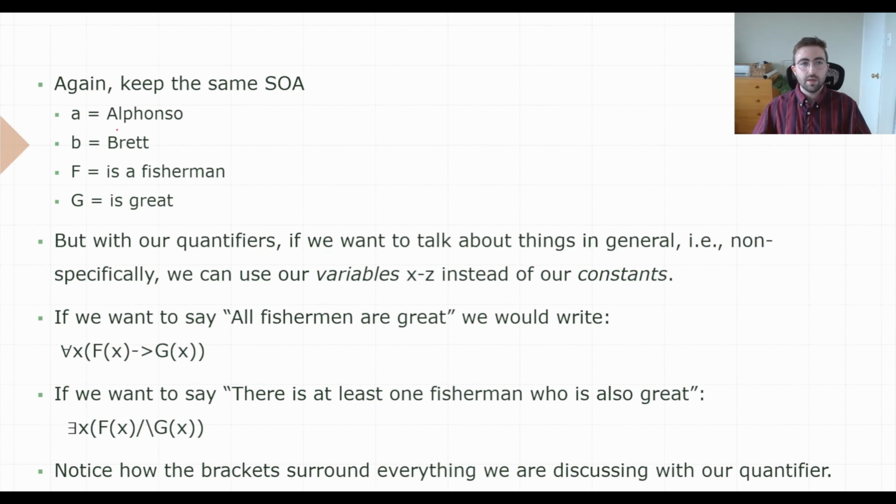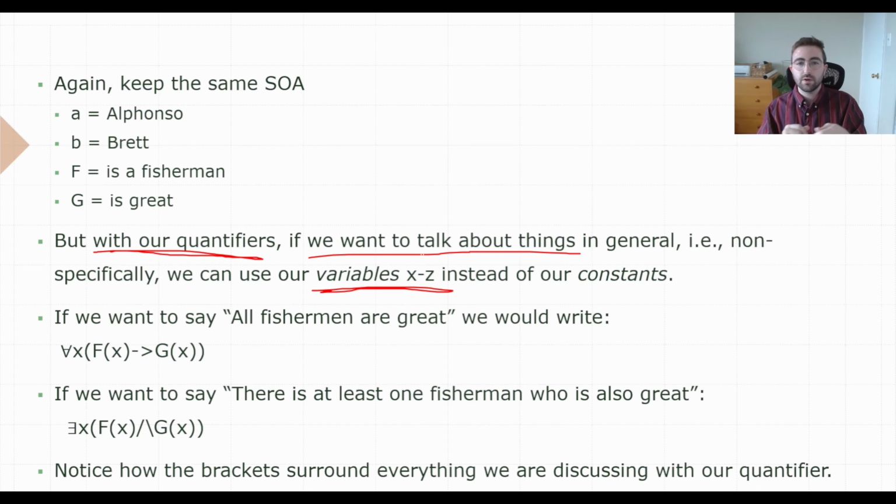So we're going to keep the same scheme of abbreviation with Alfonso and Brett and is a fisherman and is great. But now we can add in our quantifiers, right? If we want to talk about things in general, we need to use variables, though. Sorry, I sped through that too fast. With our quantifiers, we're going to talk about things in general. We're not going to be specific about one person normally, right?